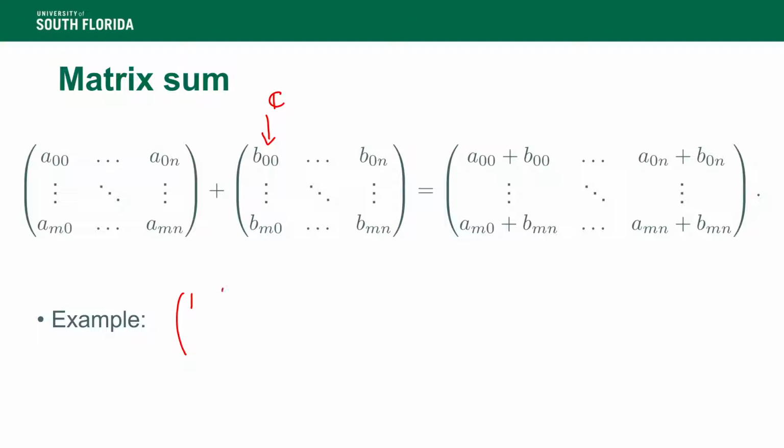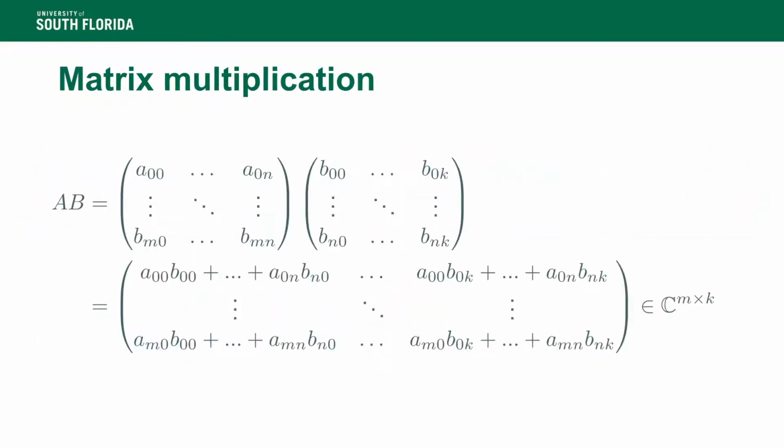For example, if I have the matrix with all ones plus this matrix, then coordinate by coordinate, I realize an addition. I consider this to be a prerequisite in this course, so I'll just go over this very quickly.